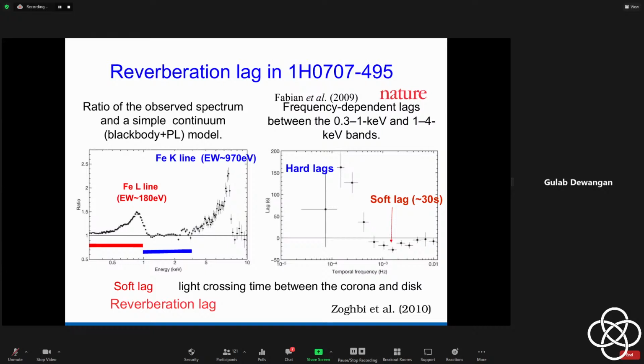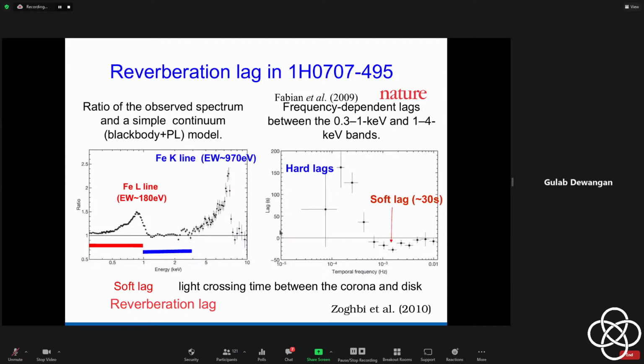For example, let's look at this X-ray spectrum, again the data to model ratio. In this case, in addition to the iron K-alpha line, there is an iron L line, again arising from the accretion disk. So you separate out the bands where the reflection dominates, for example here the iron L line, because there is a high signal to noise in this band. And then the pure continuum here, where there are no lines. And then these two things you cross correlate.